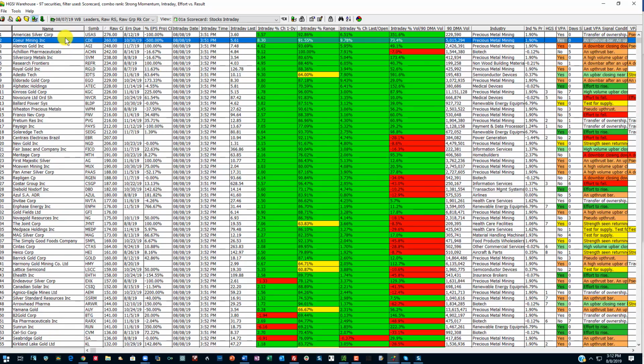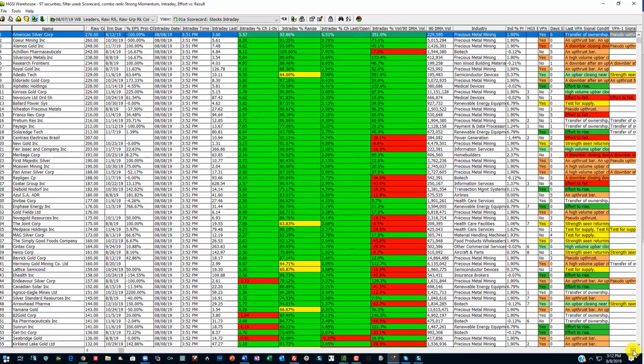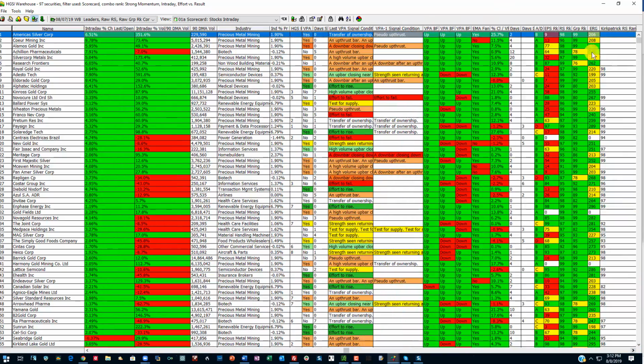But what I think is a good thing to do if you want to just work with a single group is consider using this. Because why? I'll tell you why. If you look down this list over here, these two columns, relative strength rank and group rank.